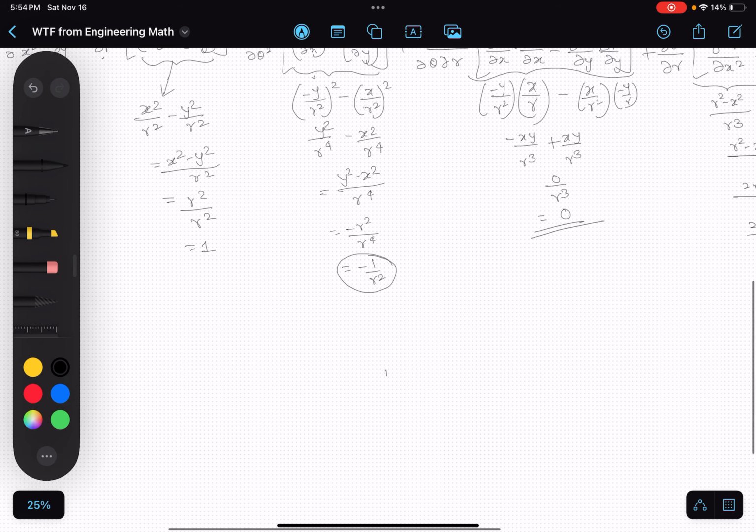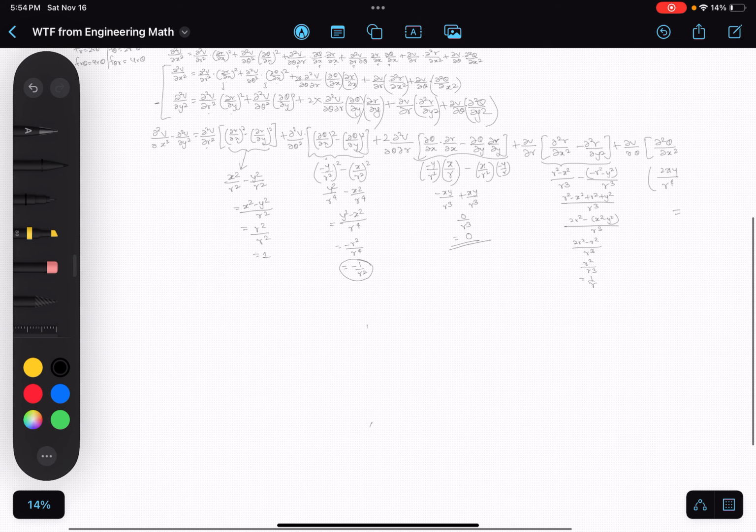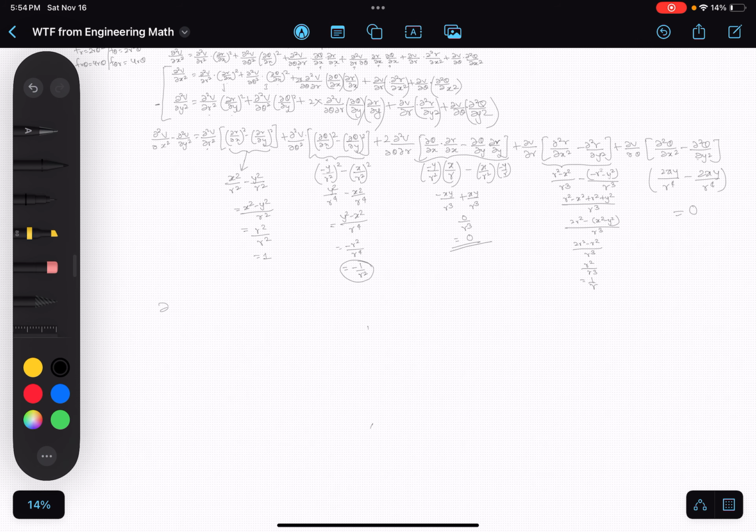So from all this we can now write that partial square v by partial x square minus partial square v by partial y square is just partial square v by partial r square, which has coefficient 1, minus 1 by r square partial square v by partial theta square. This is 0.